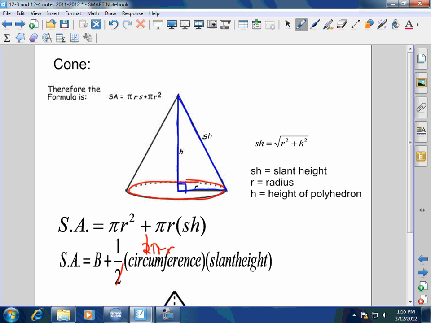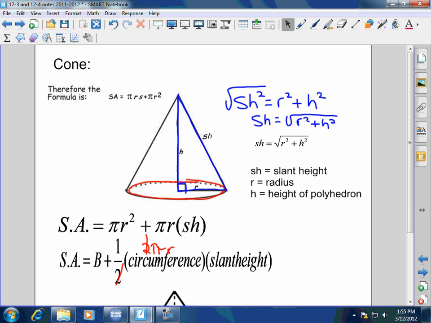To find sh in particular, it's the square root of r squared plus h squared. But remember, this is just derived from slant height squared equals radius squared plus height squared. But then when you take the square root of that, slant height equals the square root of r squared plus h squared. I just wanted you to know where that came from.